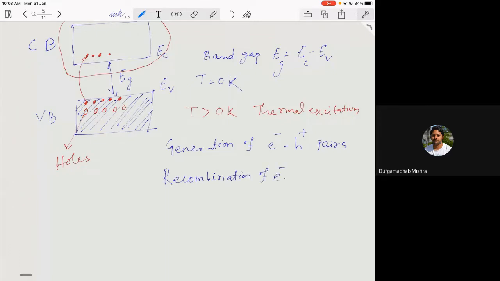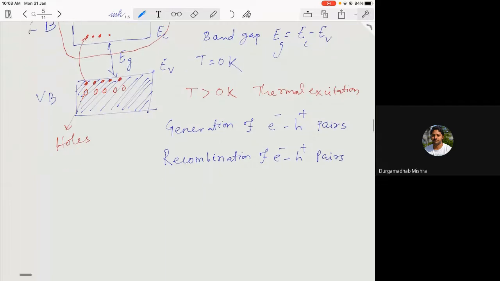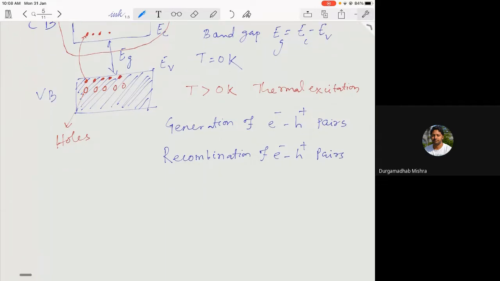Due to the thermal vibration, the thermal energy that you get from the atomic vibration, they can generate an electron hole pair, and then the electron can de-excite and recombine with the hole.